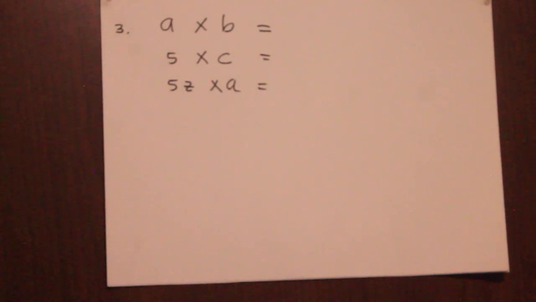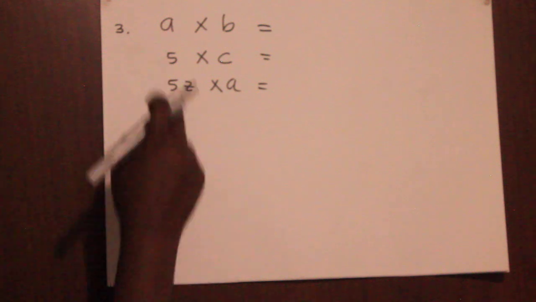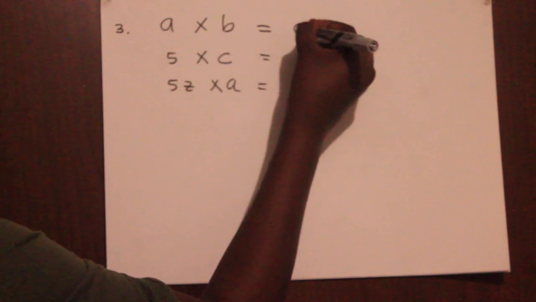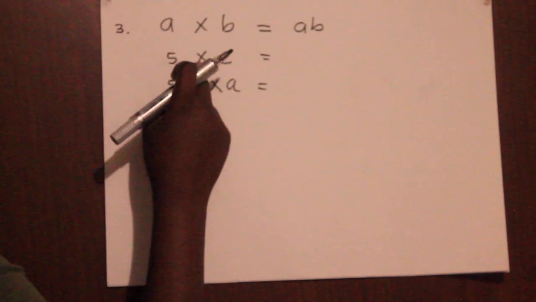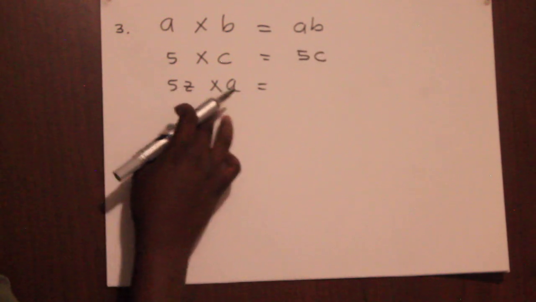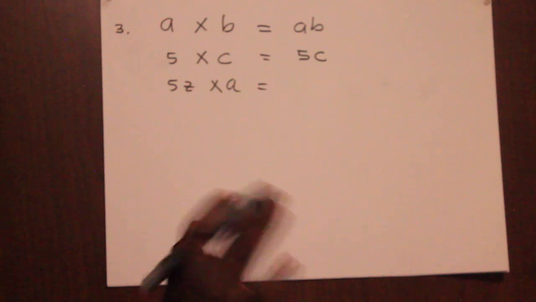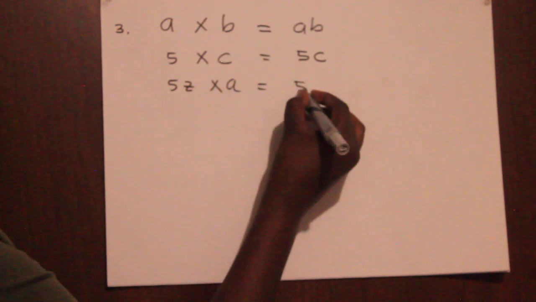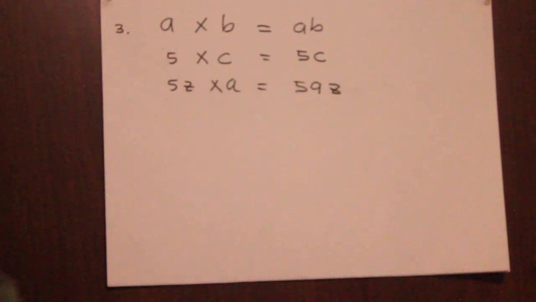Unlike in addition, in multiplication, even when the terms are unlike, we can multiply them. So A times B is equal to AB. 5 times C is equal to 5C. And then 5Z times A, since none of these are alike, it's just 5AZ.